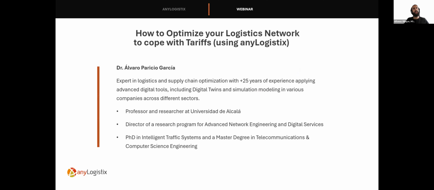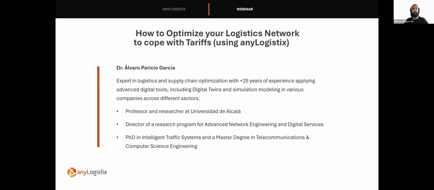So for today, we have as a speaker Dr. Álvaro Paricio Garcia. He's an expert in logistics and supply chain with more than 25 years of experience using digital tools, including digital twins and simulation modeling in different sectors. Today, he's a professor and researcher, and he's leading the digital logistics department at Universidad de Alcalá in Madrid.